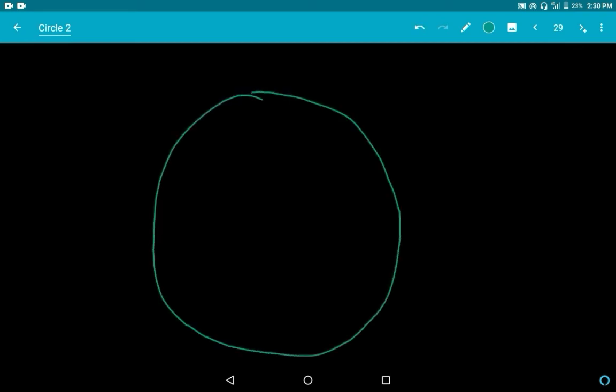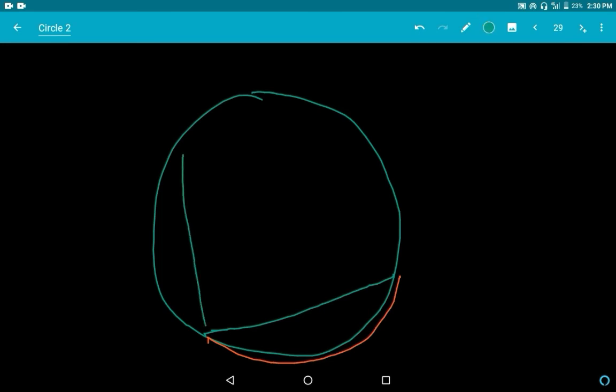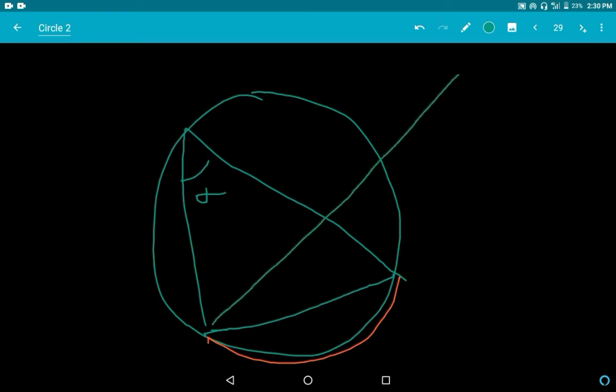If this is the arc we are dealing with, and let's say we know this inside angle is alpha. Now let's say we have one point outside and one point inside.